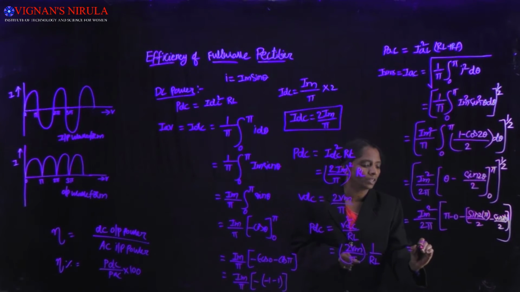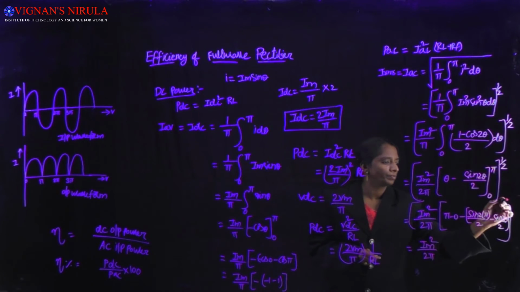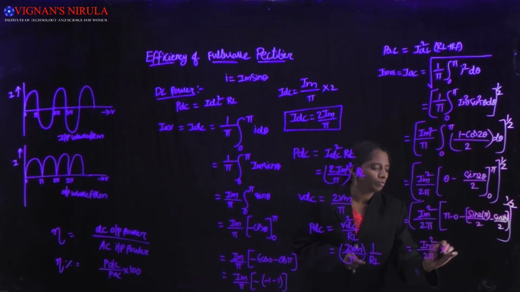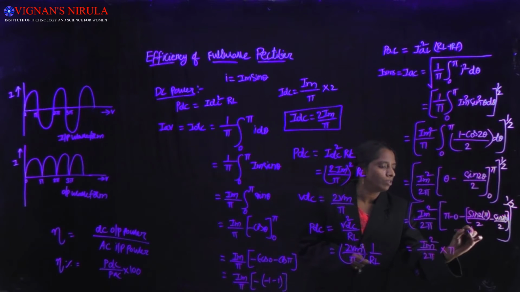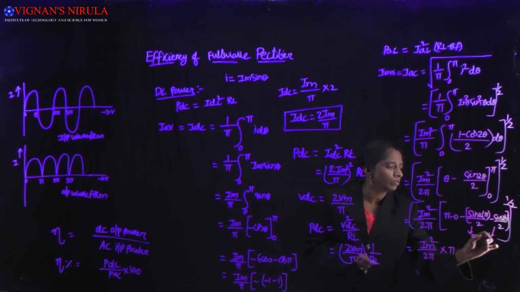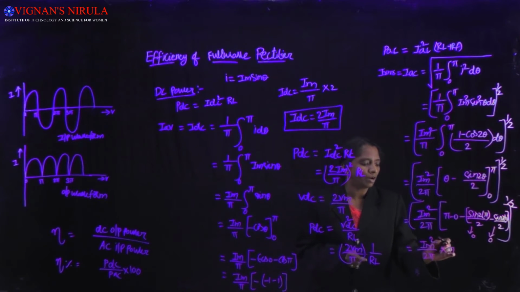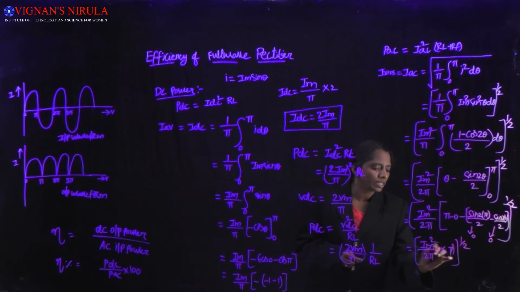From this we are getting Im square by 2 pi into pi. This value will become 0 and this value will become 0. Now we have only pi. From this pi will get cancelled.